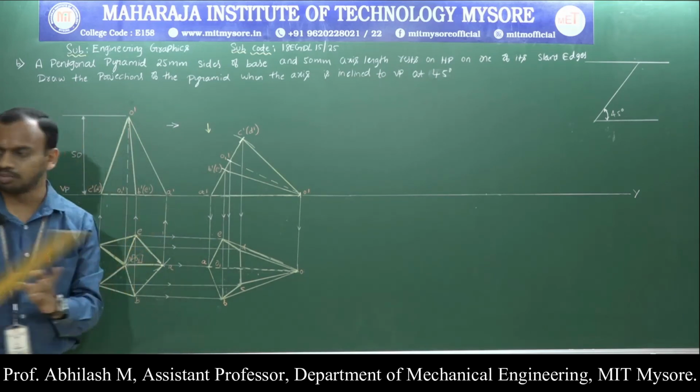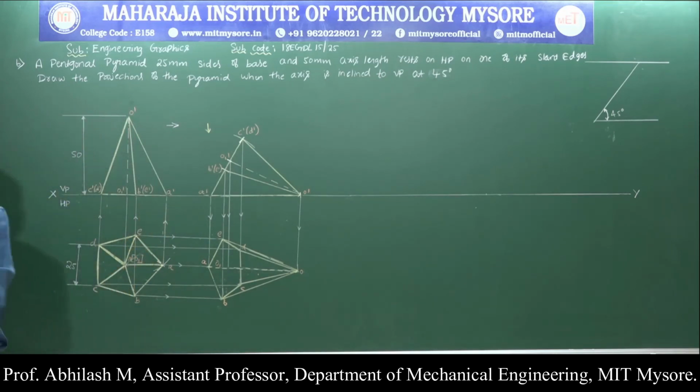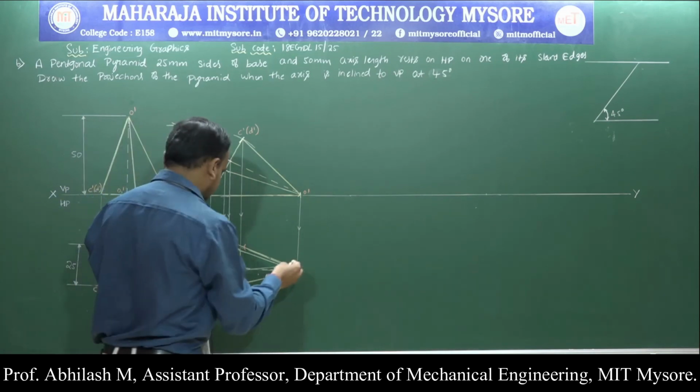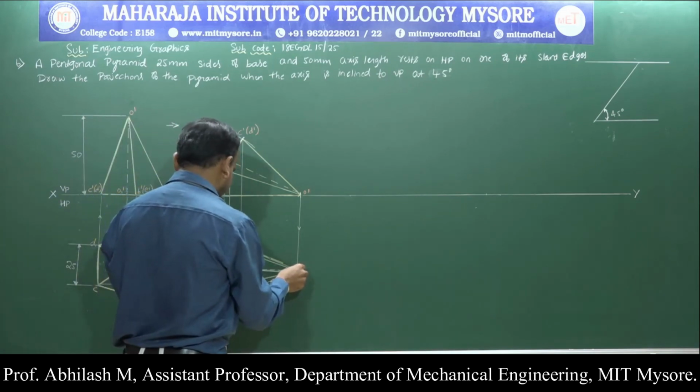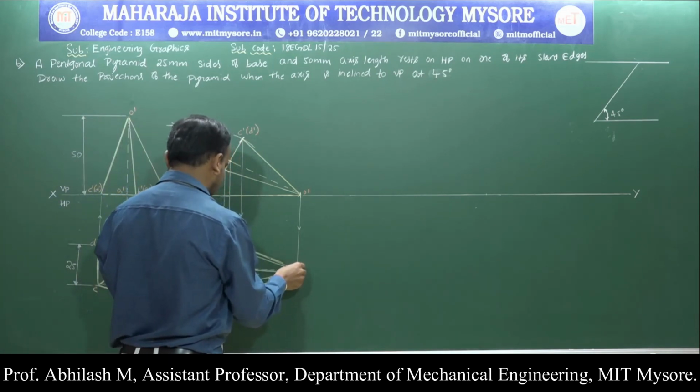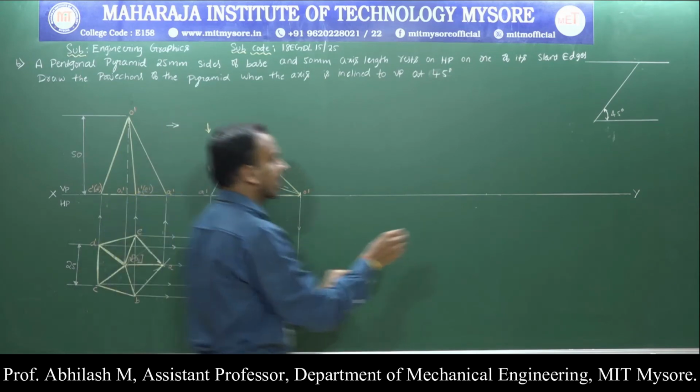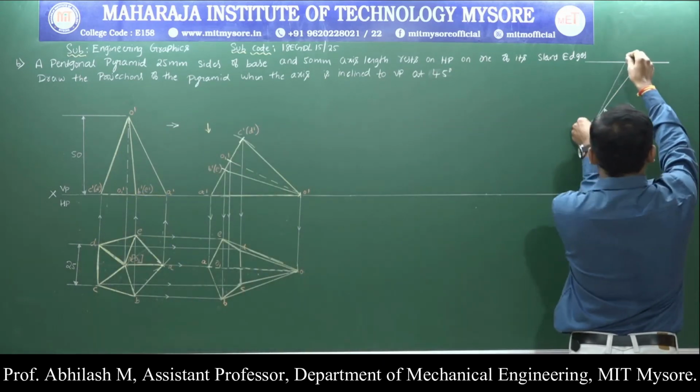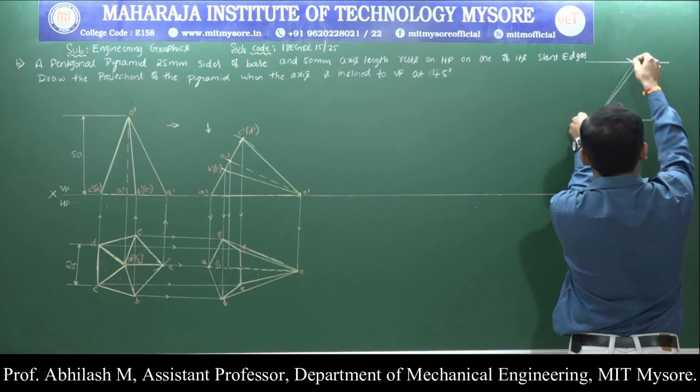Now if I measure from O to O1, the axis length has been changed now. I need to measure from O to O1 because the axis is inclined, and then cut an arc on the new locus that we have obtained.